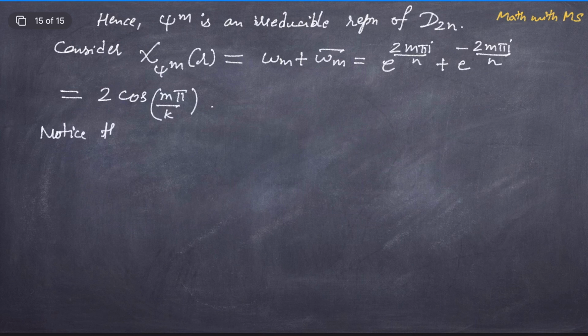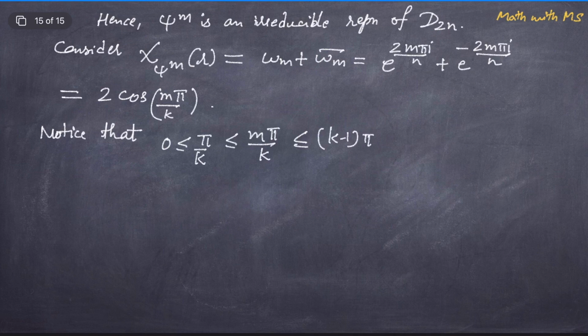Notice that m pi by k is bigger than or equal to pi by k, which is of course bigger than or equal to 0, and this is less than or equal to k minus 1 times pi by k, which is of course less than or equal to pi. Alright, because m is bigger than or equal to 1, less than or equal to k minus 1.